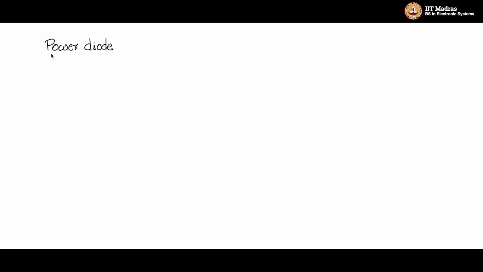Let me now take an example of a power diode. A power diode consists of a normal diode model, and across the power diode let us have a snubber, a capacitance and a resistor in series like this, connected in shunt across the diode. This is the anode and this is the cathode.